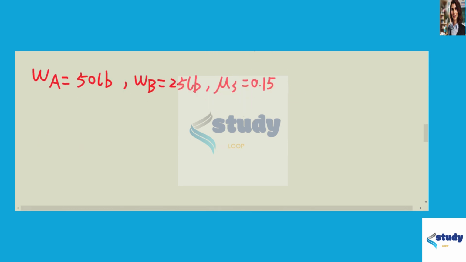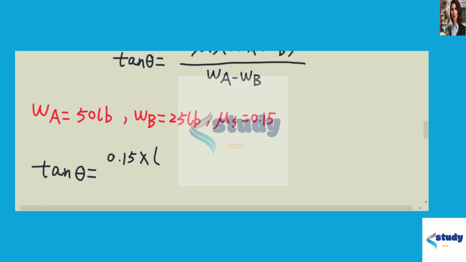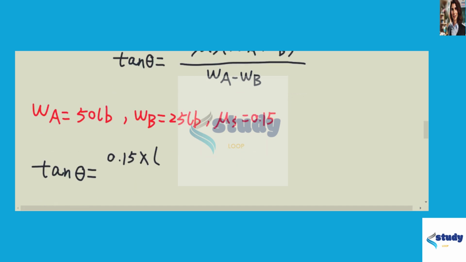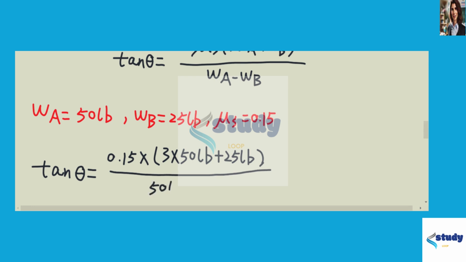We know WA is 50 pounds, WB is 25 pounds, and mu S is 0.15. Therefore, tangent theta is equal to 0.15 times, let me see, 3 WA, which is 3 times 50 pounds plus 25 pounds, and then over WA minus WB, which is 50 pounds minus 25 pounds.